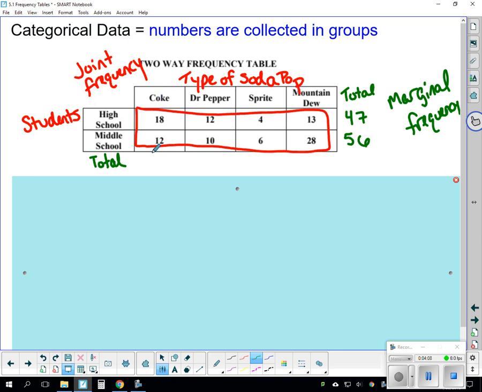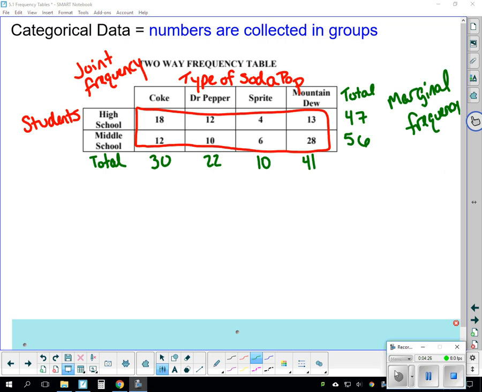Likewise, we can find the Coke total. 18 and 12 is 30. Dr. Pepper, 12 and 10, 22. Sprite, 10, and Mountain Dew, 41. So these green numbers are the marginal frequency, and the numbers in the red box are joint frequency. So we have a two-way frequency table including totals.